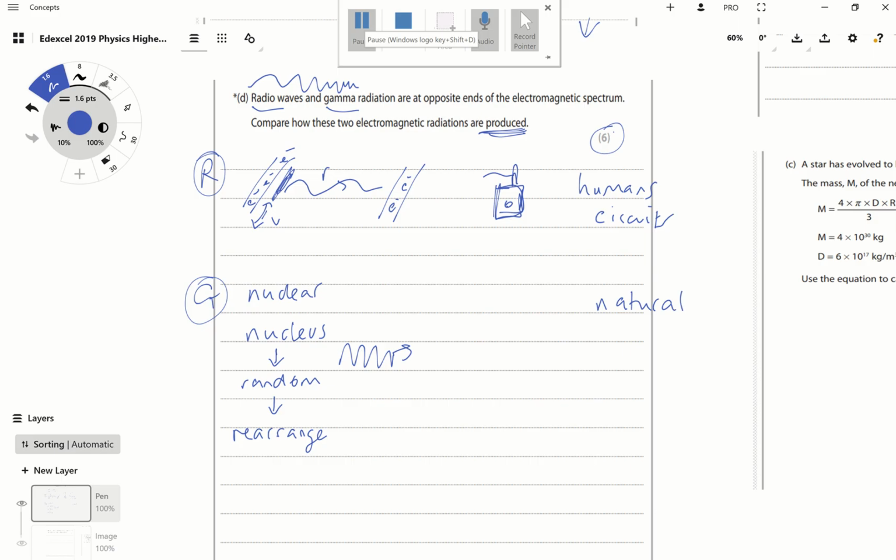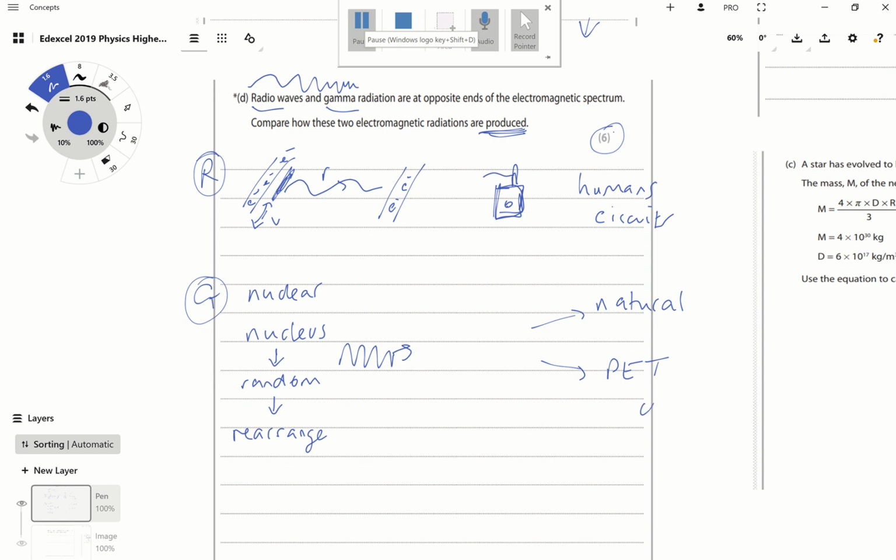So radio waves, we're talking about vibrating electrons. Gamma radiation, we're talking about nuclear decay, and the fact that the nucleus has to rearrange itself, and this releases energy. We know that this is natural, but some will also be made in PET scanners.